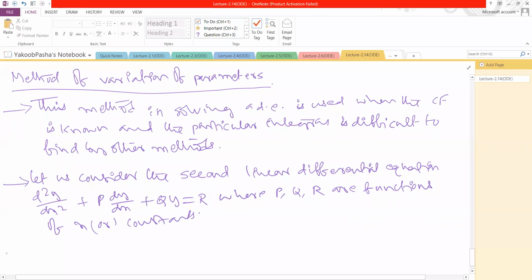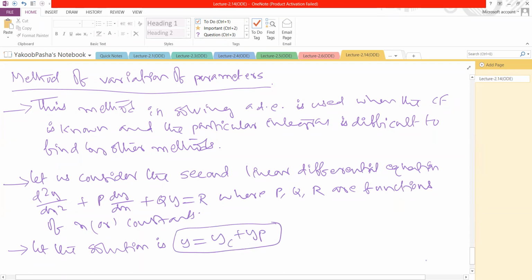For this differential equation, we take the general solution as y equal to yc plus yp.